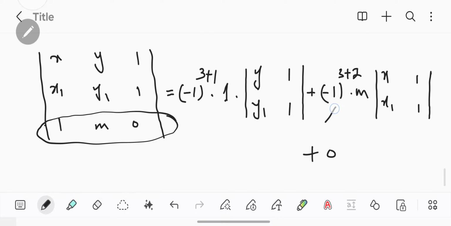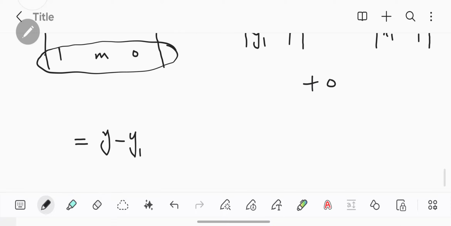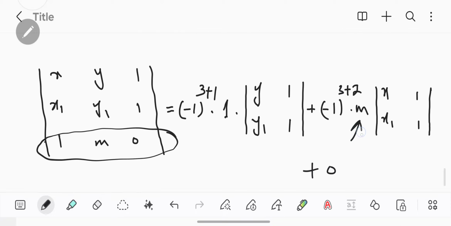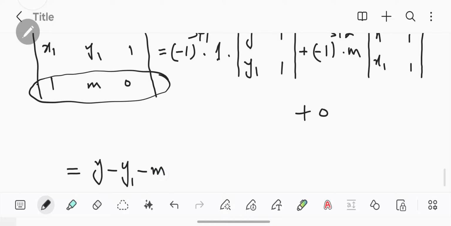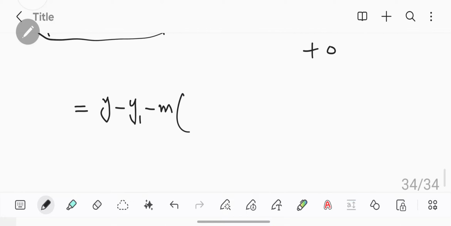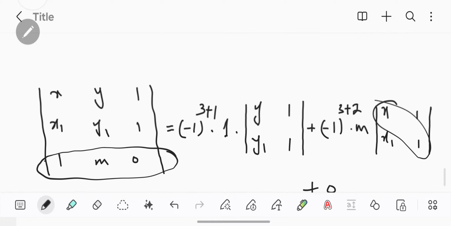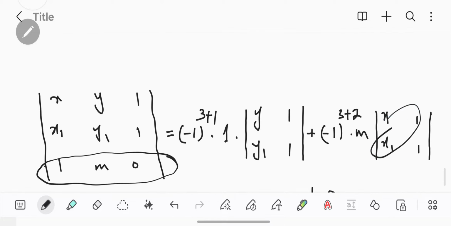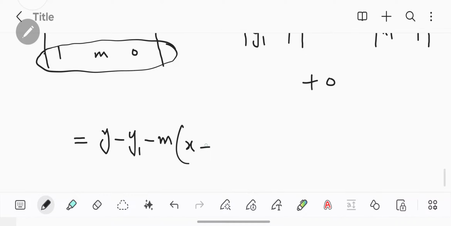This is minus because minus 1 to the power 5 is an odd number, so I will write minus, and then m times x times 1 is x, minus x1 times 1 is x1.